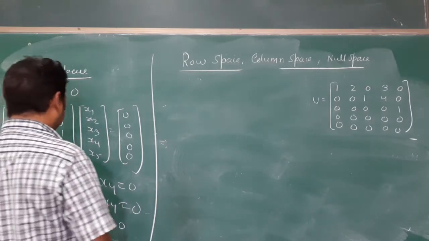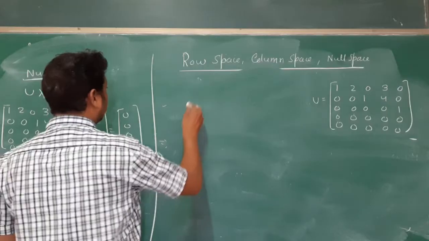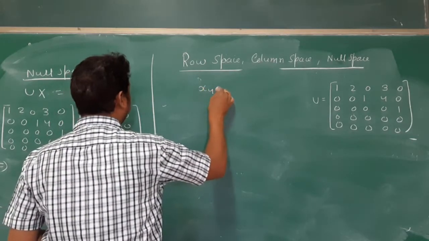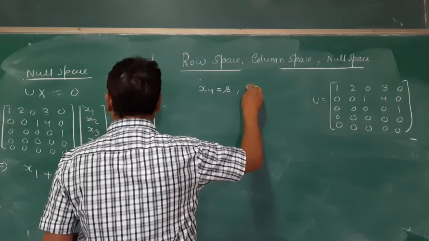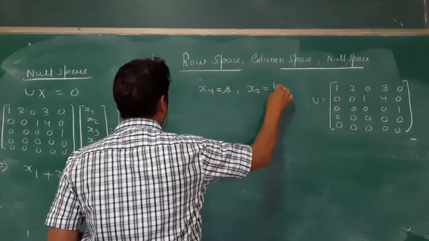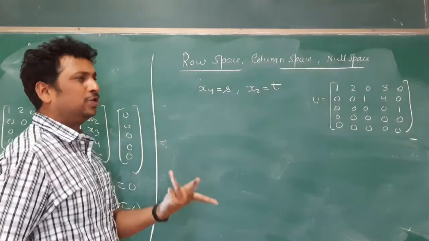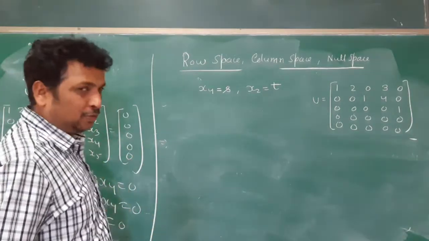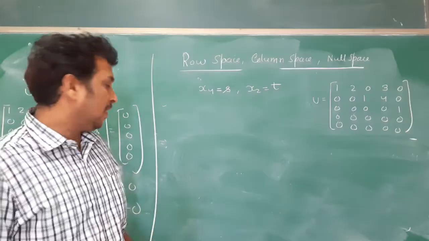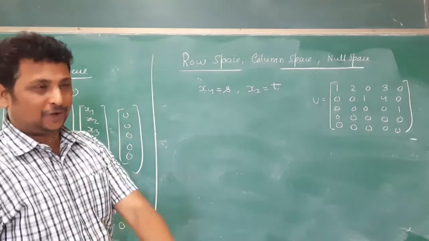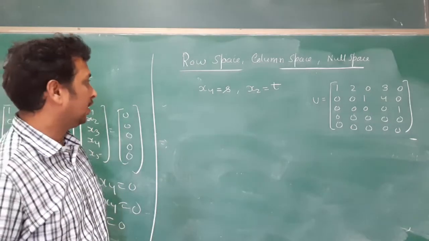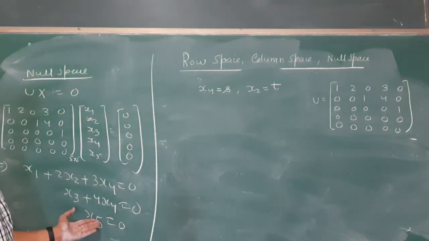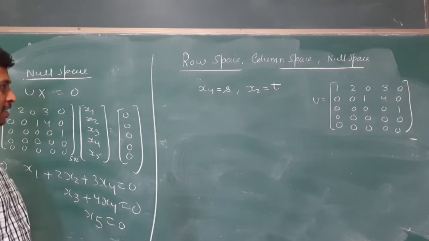So we take x4 equal to s and x2 equal to t. Your choice. You can choose x1, x2, x3, x4. x5 is already 0, so don't choose that one because it does not look good. Otherwise, your choice. You can do whatever you want. In other cases, you may choose x5 also.